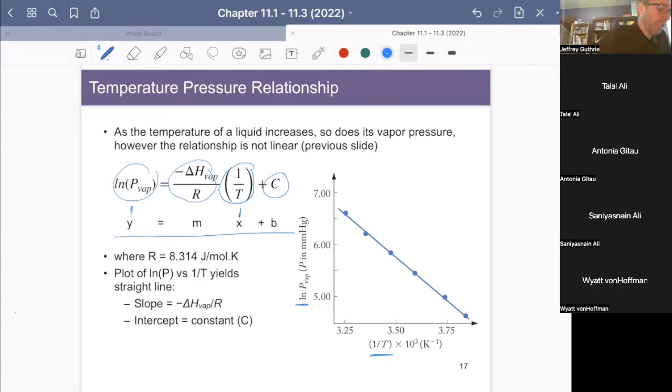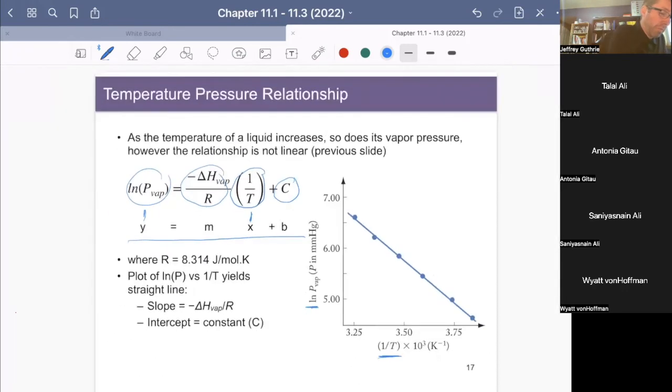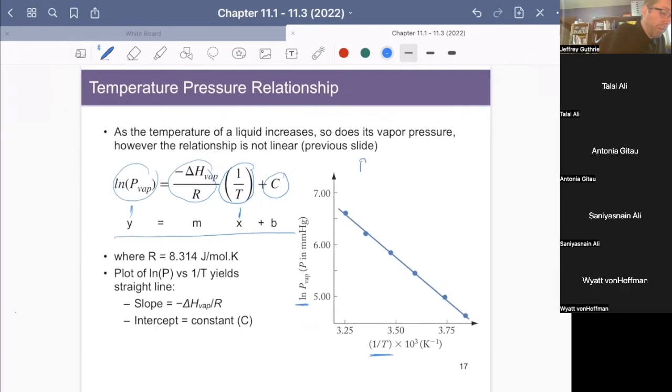So if we were to do this experiment, we would be measuring pressure at specific temperatures. If I were to make a table here, we would control the temperature and then measure what that pressure was. But in order to fit it to this equation, we would need two more parts of this table: the natural log of pressure and then 1 over temperature.